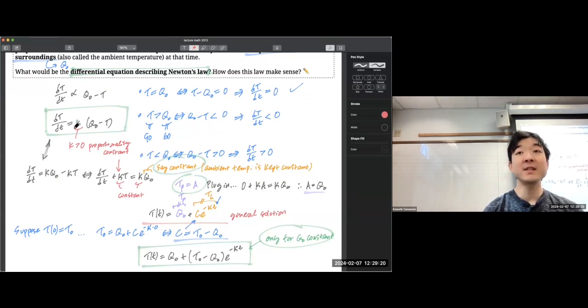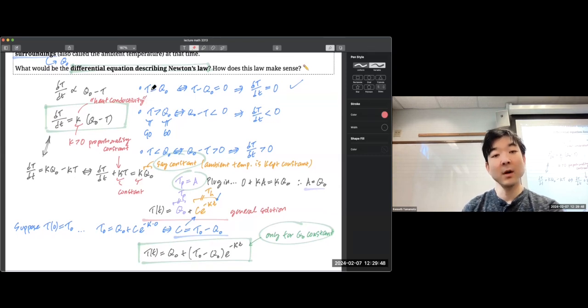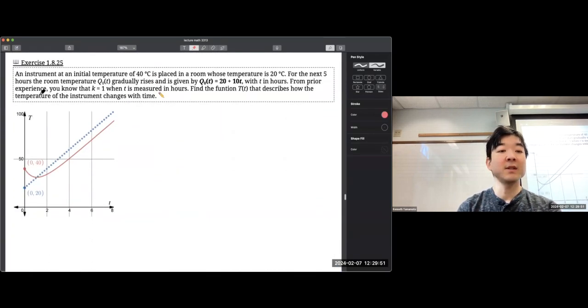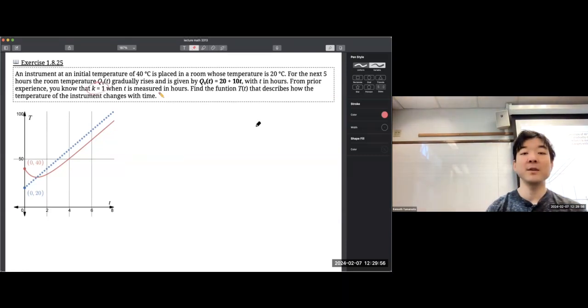But how sensitive it is to that difference is going to be this K. And so this K could be thought of as the heat conductivity of your object, how well it responds to the difference in the temperature of the surroundings and the object. So let's say this person's done some experiments and found out that the heat conductivity is just 1, just to make our life easier.